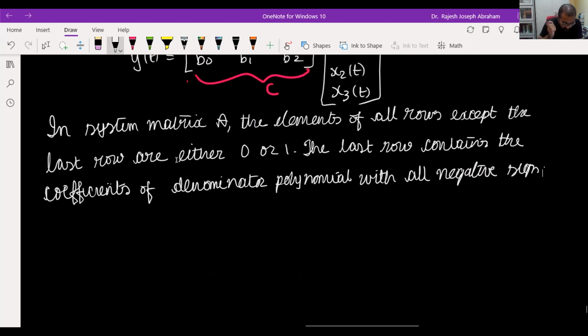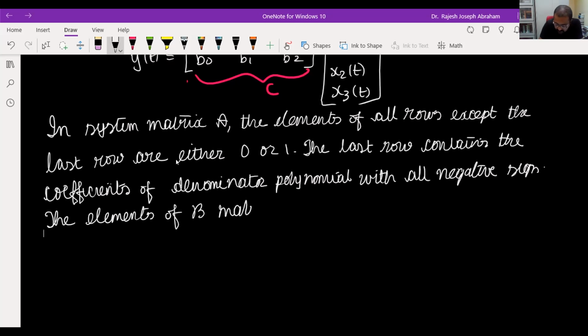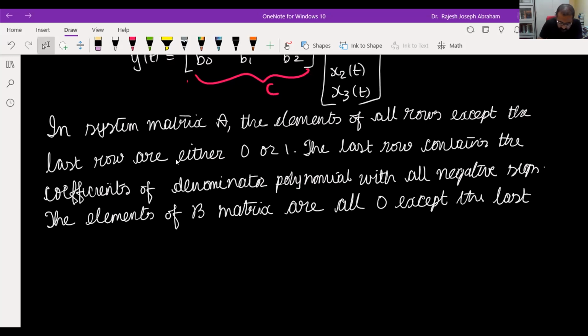Then the elements of the B matrix are all 0 except the last row, which is 1.